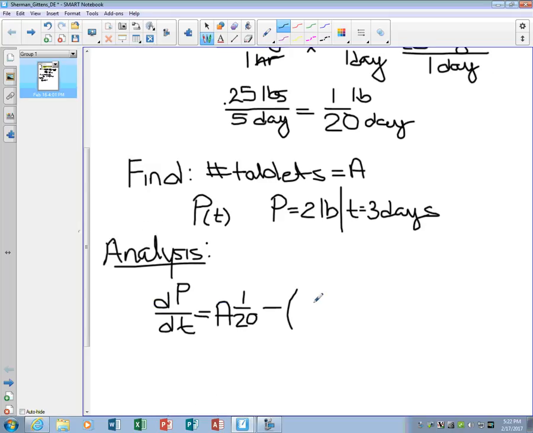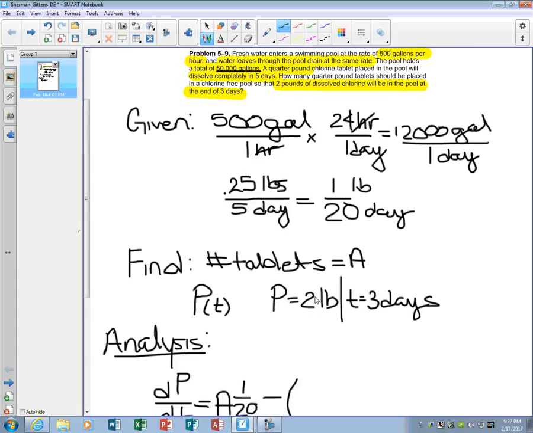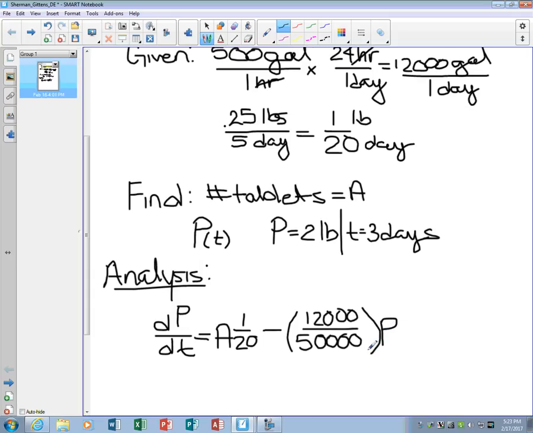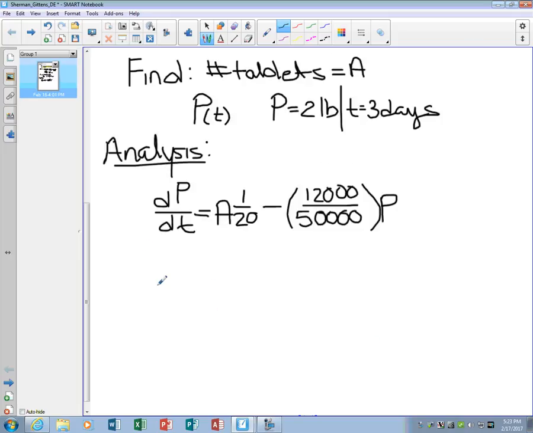When you multiply those together, well, you don't multiply them together, but put them in a ratio here. So you've got your 12,000 on top, 50,000 on the bottom, times the amount that's in the pool at that point in time.